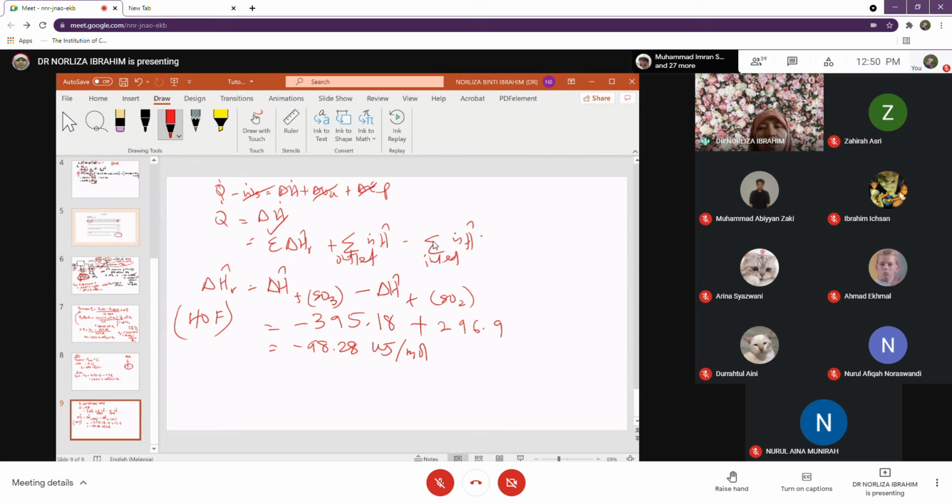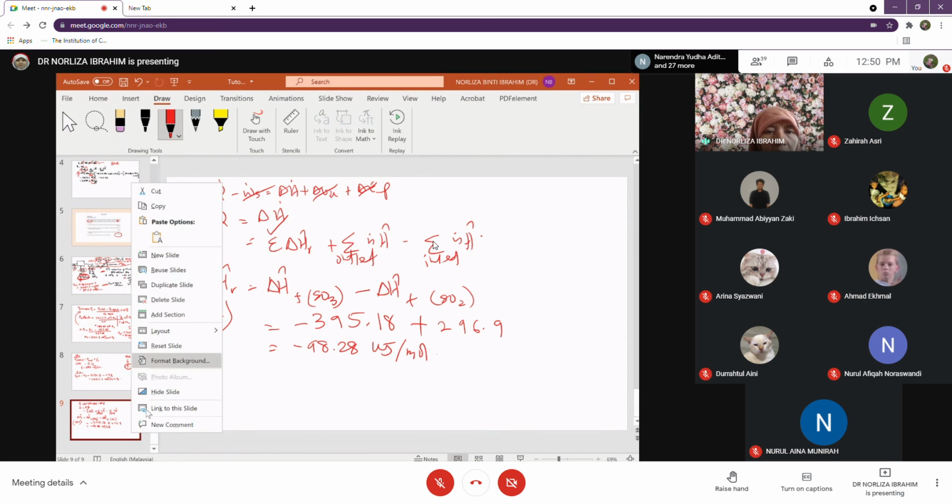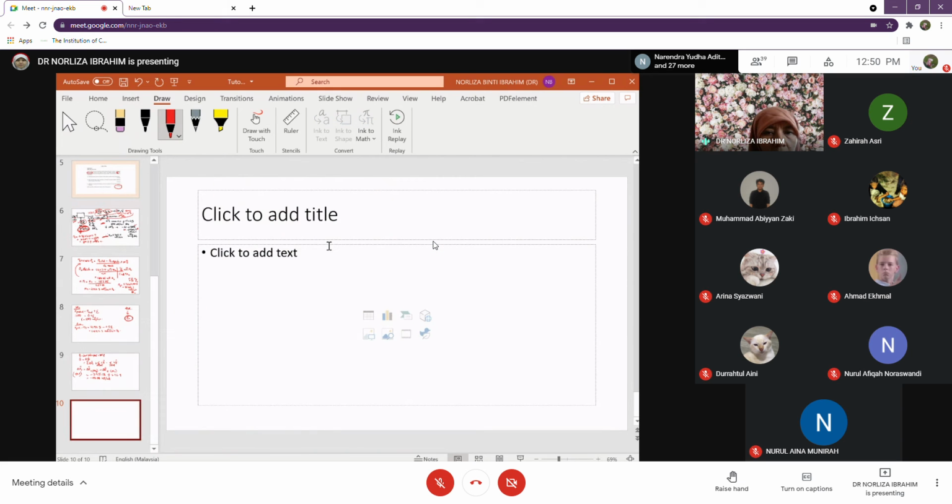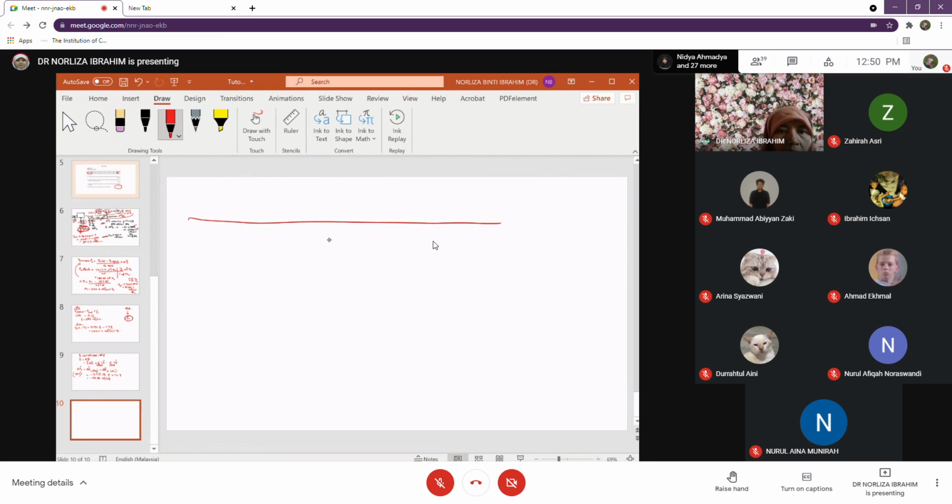Okay, so next what to do? You need to draw the inlet outlet enthalpy table. You write down all the components: SO2, oxygen, nitrogen, SO3. You have no SO3 in the feed.